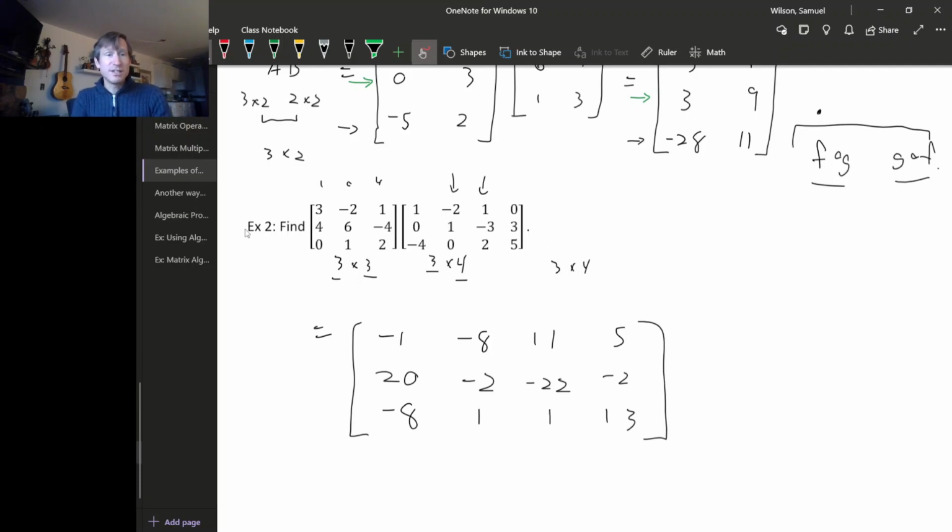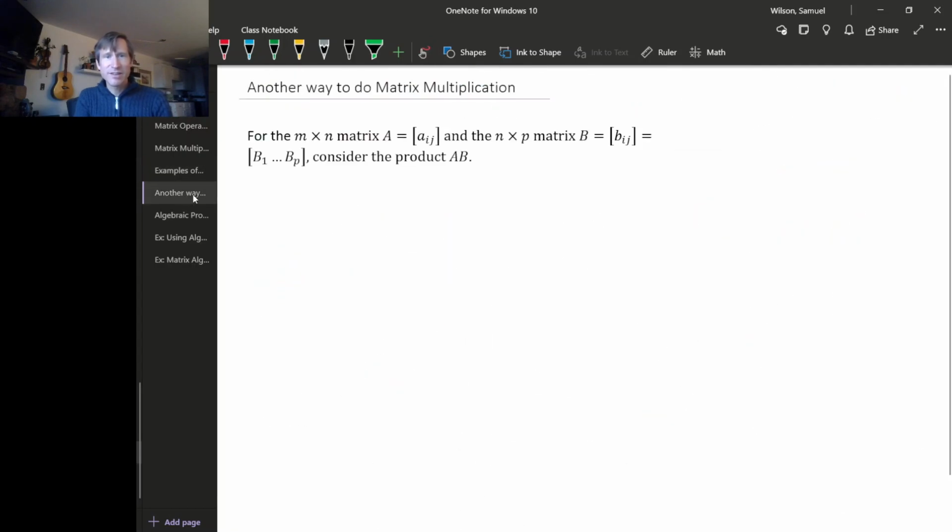One last thing I want to mention about just the mechanics of working out a matrix product is this. Imagine organizing your matrix product this way.